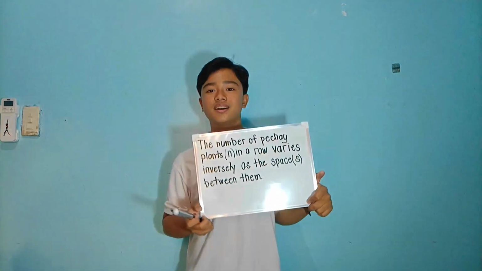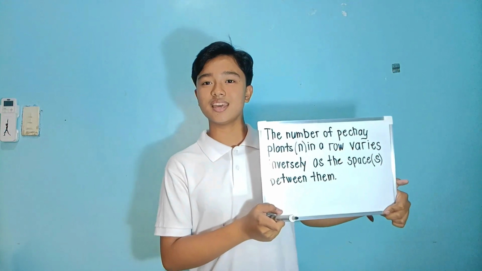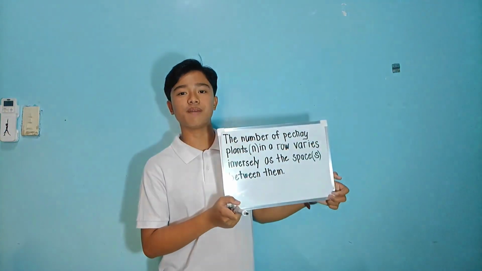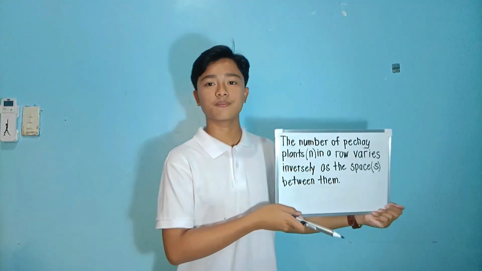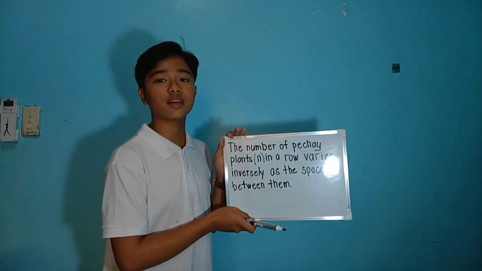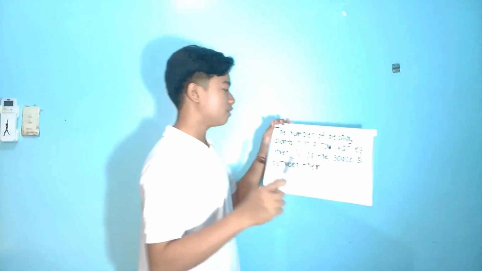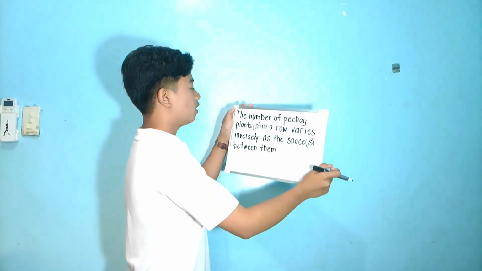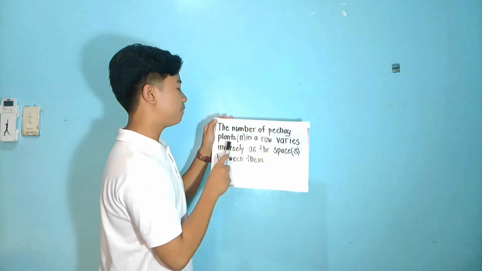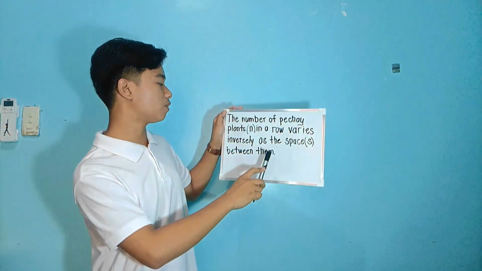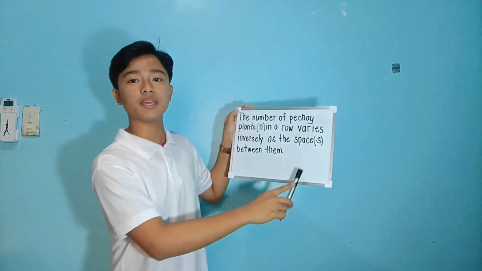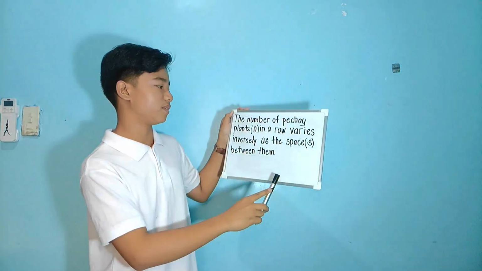Here I have a sentence, and I will translate it into a mathematical sentence, using k as the constant of variation. The number of petunia plants n in a row varies inversely as the space s between them.